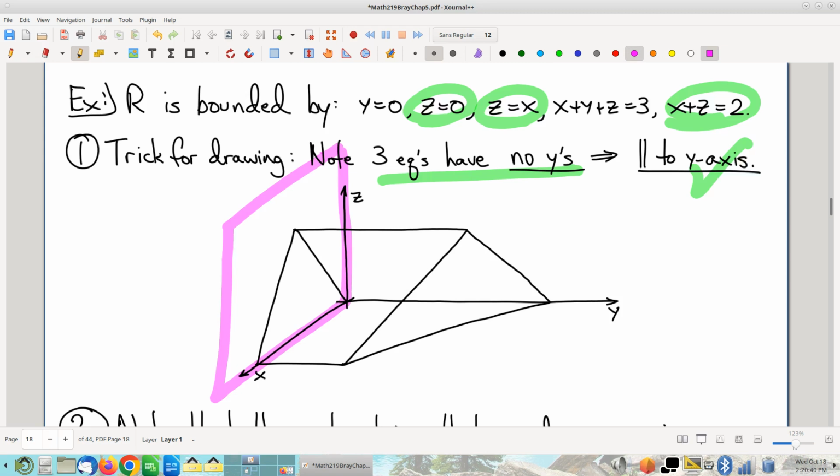But looking just in the xz plane, z equals 0 is just this right here, and z equals x is just something like that, and x plus z equals 2 is about like that. So I've got three planes parallel to the y-axis, and they look like this when they intersect the xz plane.